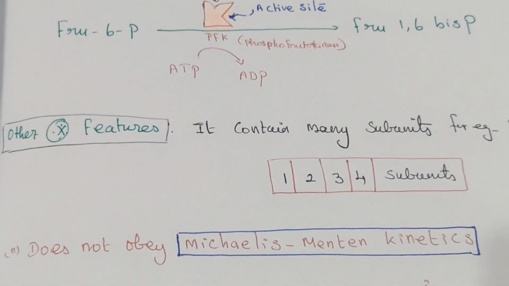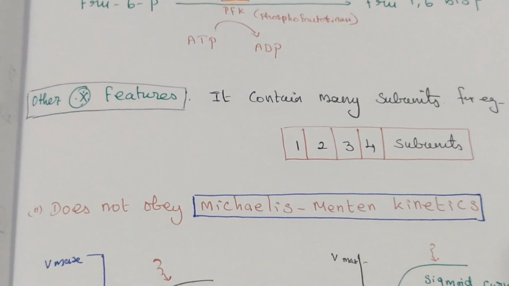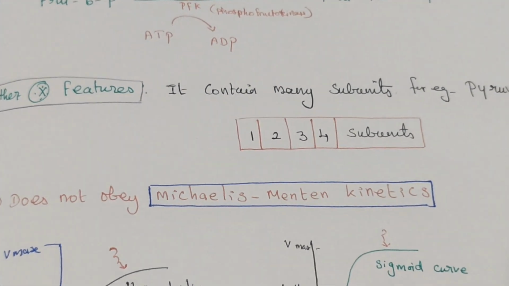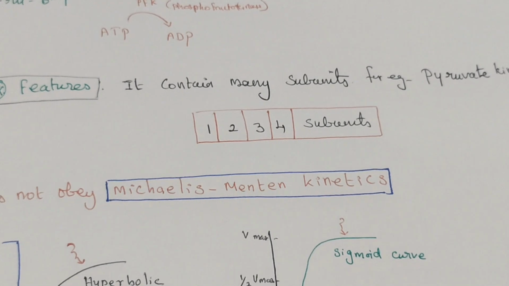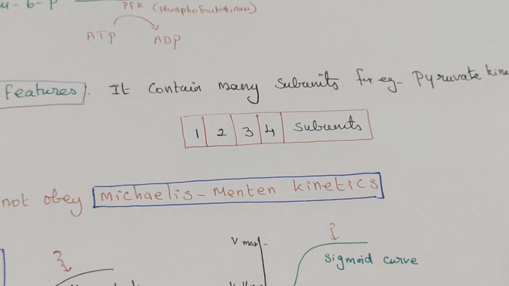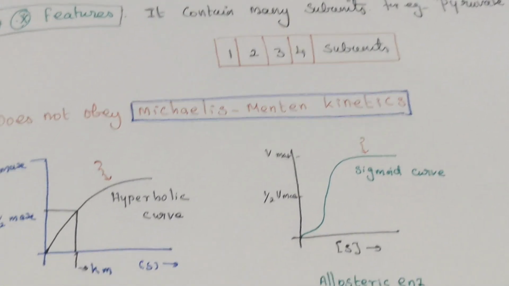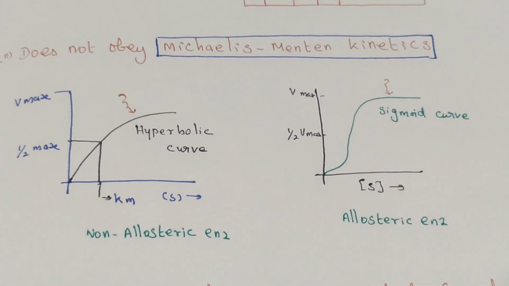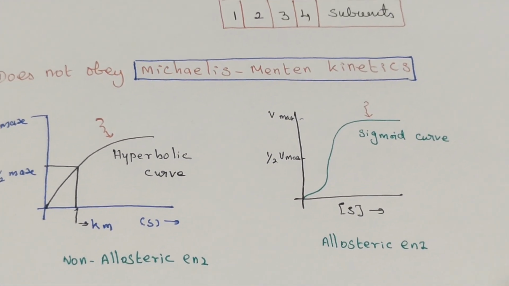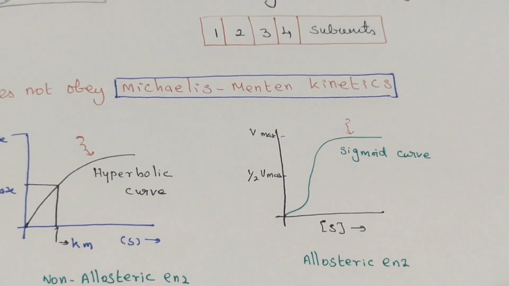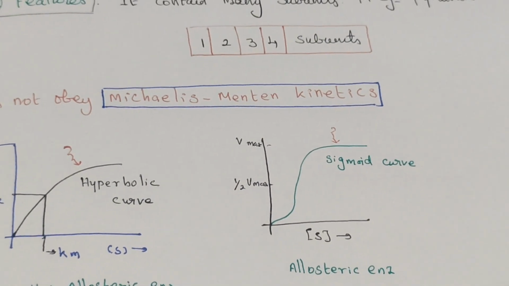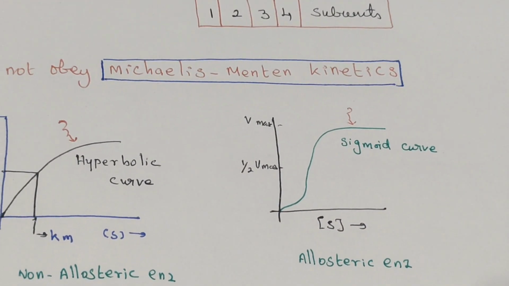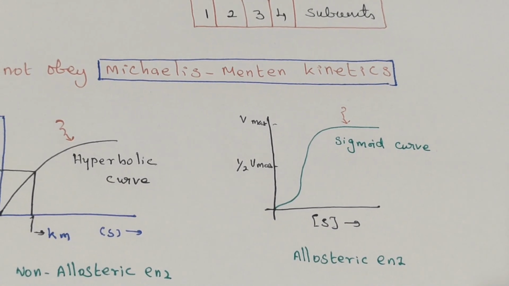Coming to another important feature of allosteric enzymes, they contain many subunits. For example, pyruvate kinase has 4 subunits. Another important feature is that allosteric enzymes do not obey Michaelis Menten kinetics.